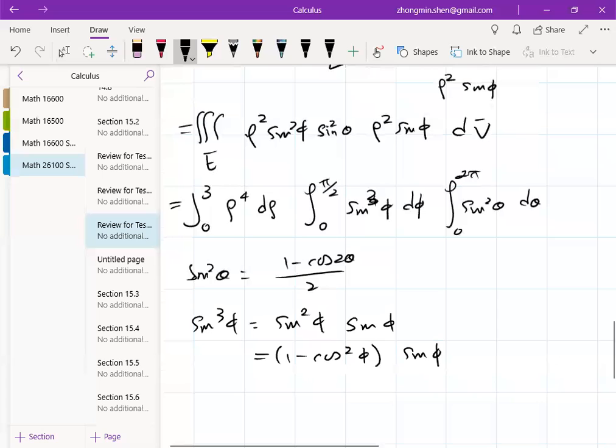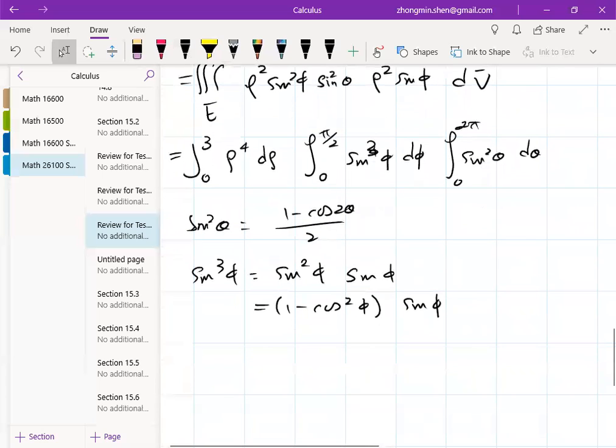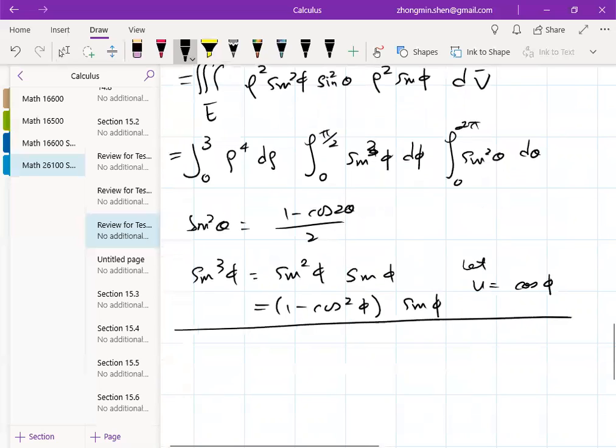Then use the substitution u equals cosine phi or negative cosine phi, it doesn't matter. If you get to that point, you know how to evaluate the integral.